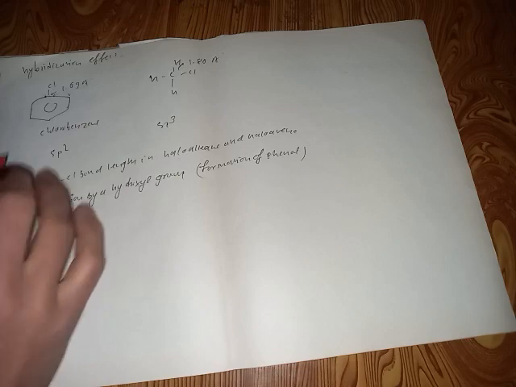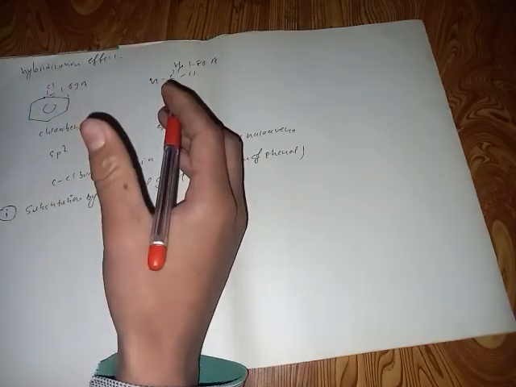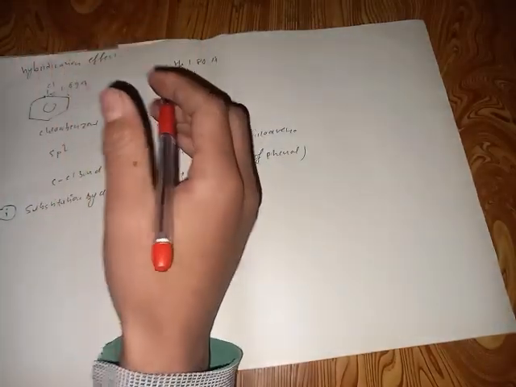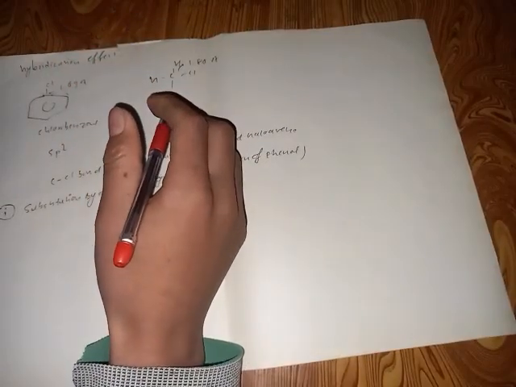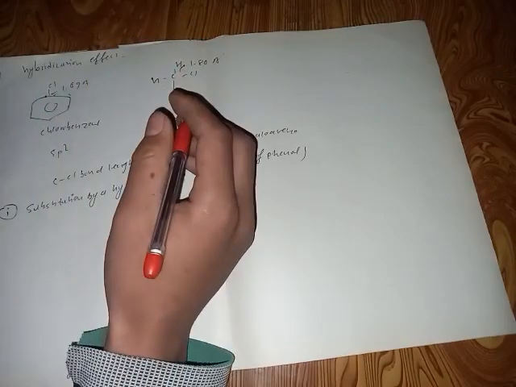Chlorobenzene, when heated with aqueous sodium hydroxide under drastic conditions, at 350 degrees Celsius and 300 atmospheric pressure, gives sodium phenoxide, which on acidification gives phenol.